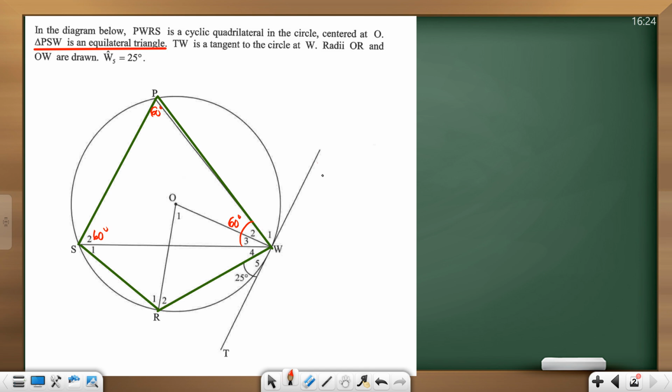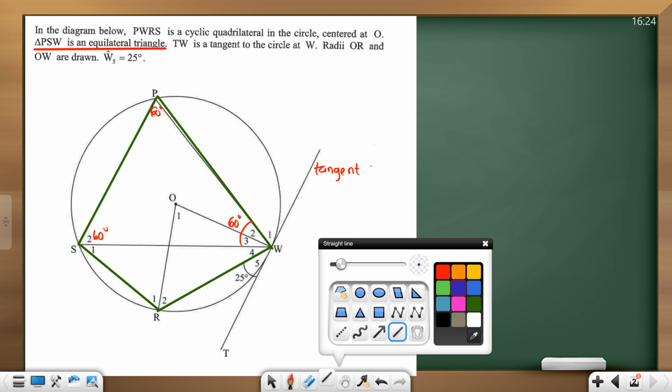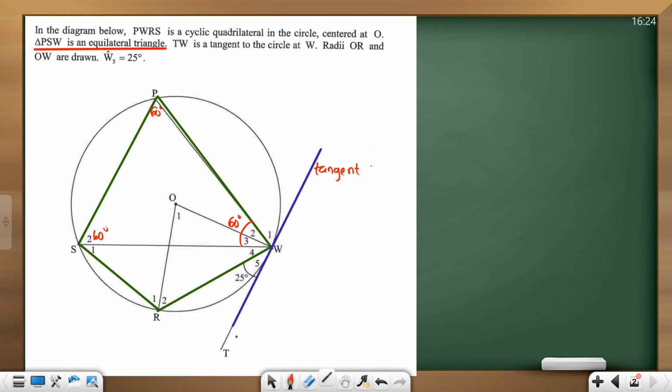TW is a tangent. Guys, are you looking at the skill I'm using here? Labeling. Once I see a tangent already, look at this. Beautiful. I already have one angle. Tangent. And instantly my eyes came here as a chord. Which angle do you think is equal to 25, without even going to the question yet?